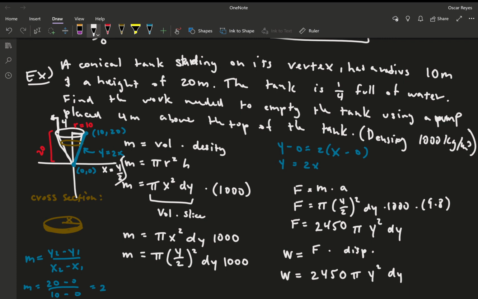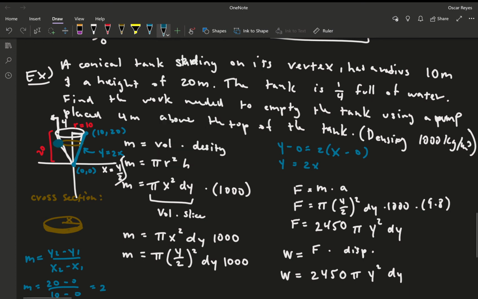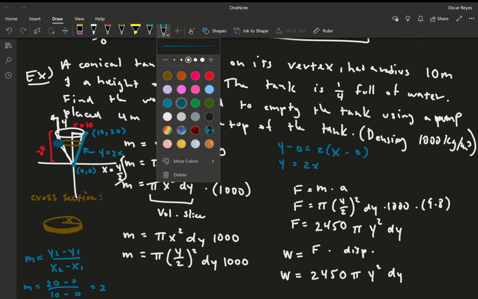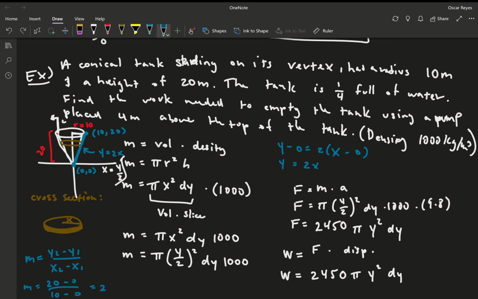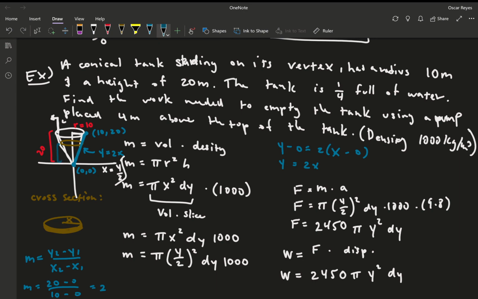But the thing is, from here, we know it's a y value. That means that it's already at a specific position in a y value.